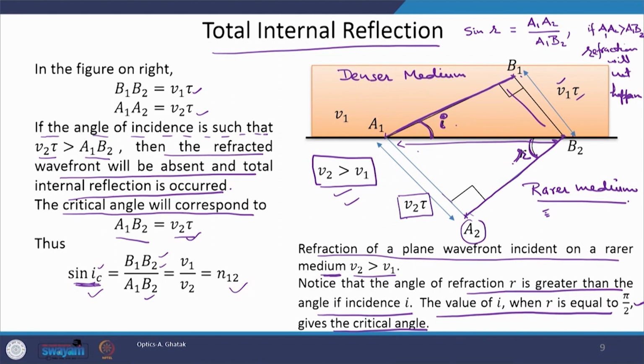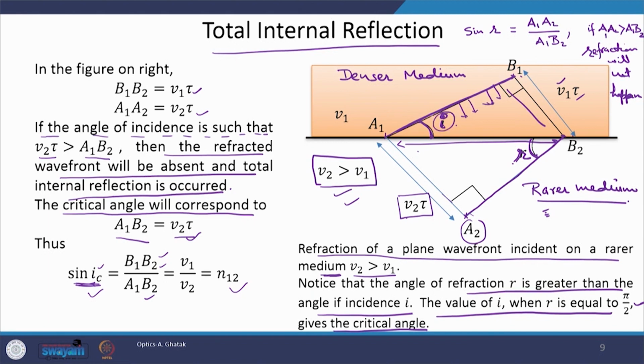A wavefront is made incident at some non-zero angle, falling from a denser medium onto an interface, and this interface separates a denser medium from the rarer medium. Now, this wavefront falls at incident angle i.